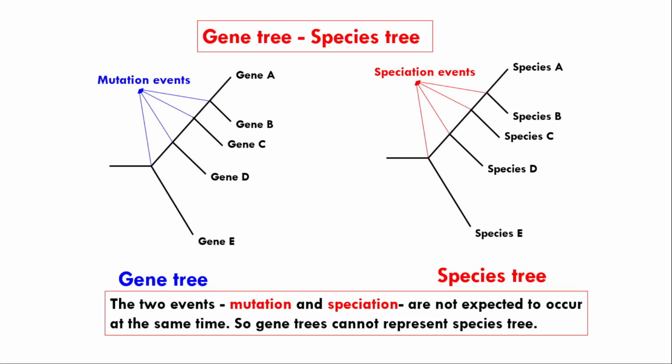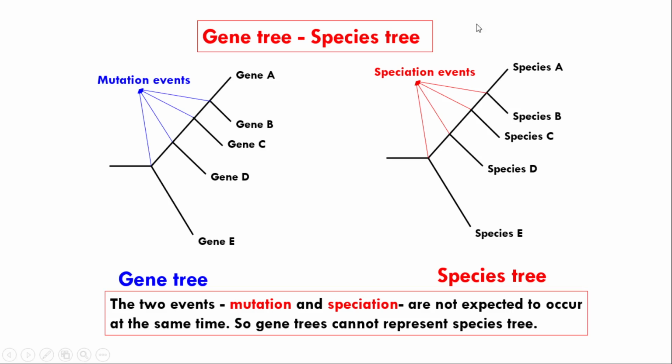Here you see the gene tree and species tree. I'll give an example. Suppose you have genes A, B, C, D, E, and here you have made the phylogenetic tree. So here the tree represents the evolutionary relationship of the genes irrespective of the organism. The two events are mutation and speciation: different genes form due to mutation, and species form due to speciation.